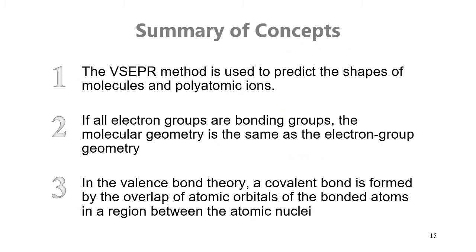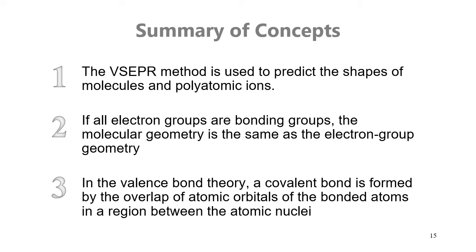I would like to sum up the chapter with 7 points. First, the VSEPR method is used to predict the shapes of molecules and polyatomic ions. Second, if all electron groups are bonding groups, the molecular geometry is the same as the electron group geometry or electron domain geometry.